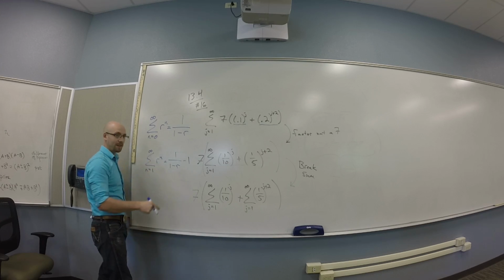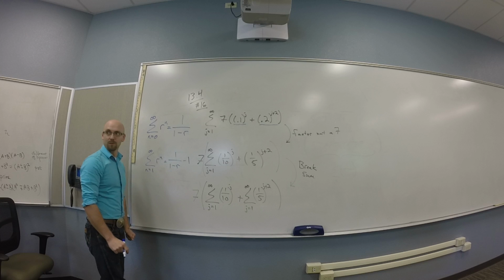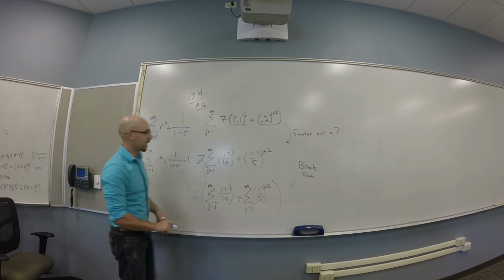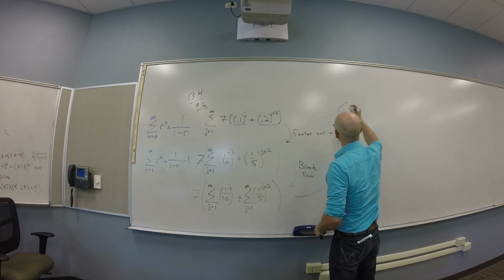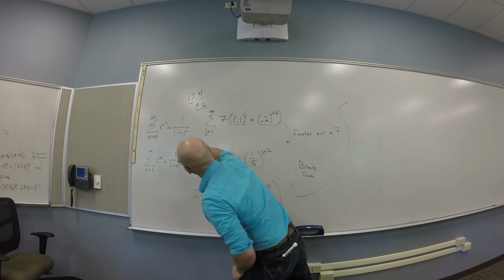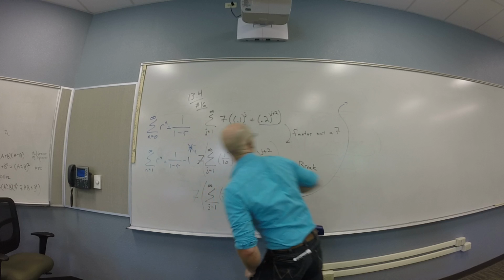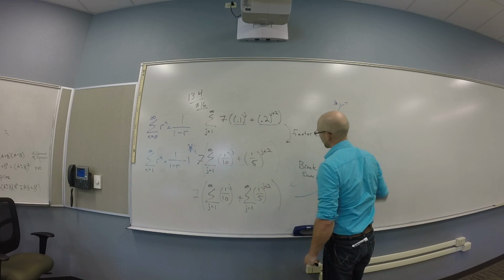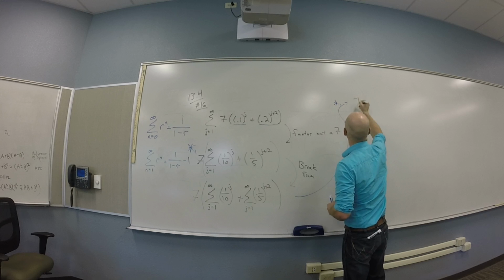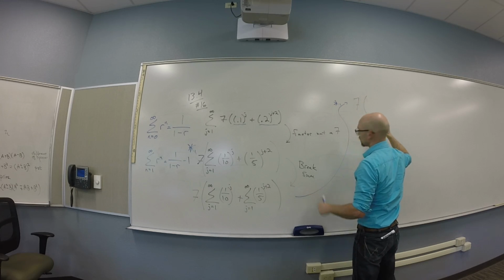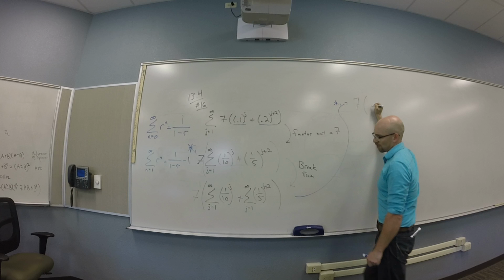So I'm going to cram that in there. I'm going to call that formula star 1. That gets me to 7 times, wait, what was r in there?